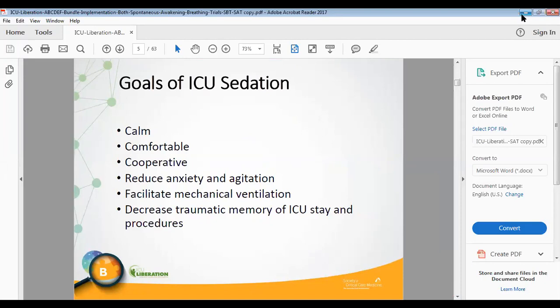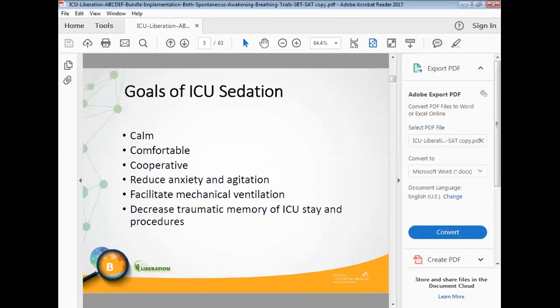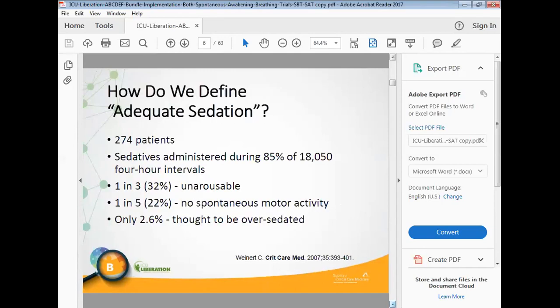If that can be achieved without sedation, that's what we want. But if he requires some sedation, that's okay, as long as we keep the patient calm, cooperative, comfortable, no anxiety, no agitation, able to be ventilated, and also reduce his traumatic memory from the ICU. We're going to talk about this, but that doesn't necessarily mean keeping him fully comatose. And there are many reasons why we should do this.